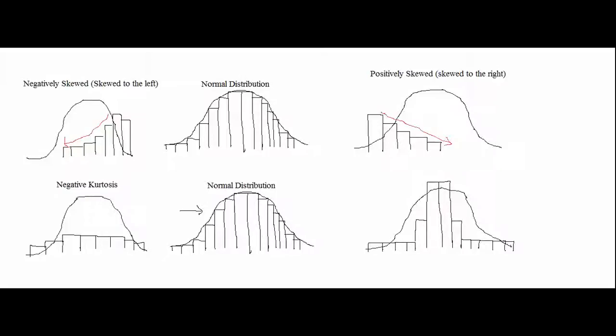It's just one way to think about it. So if it peaks lower than the normal curve, it's a negative kurtosis. If it peaks higher than the normal curve, it's a positive kurtosis.